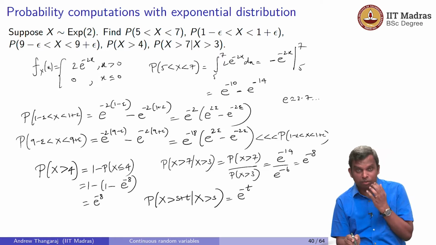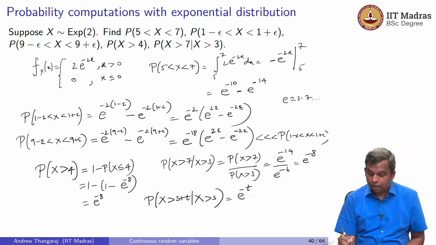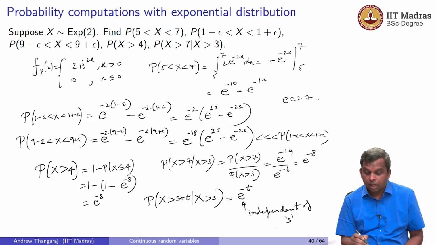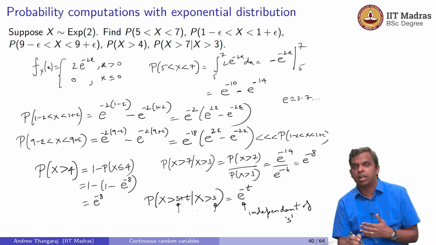Okay. So, it's not very hard to see this. It is e power minus t and this in particular is independent of s. No matter where you keep your s, s could be 1, s could be 100, s could be 1000, right.